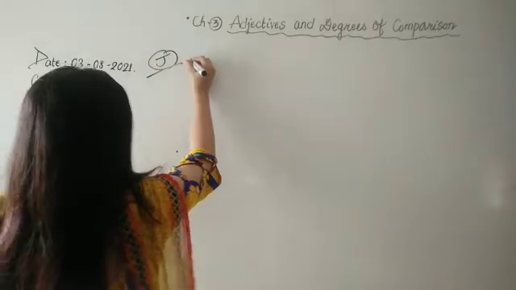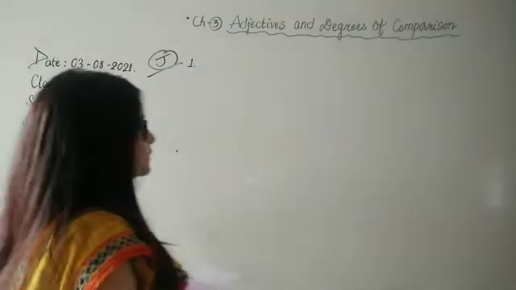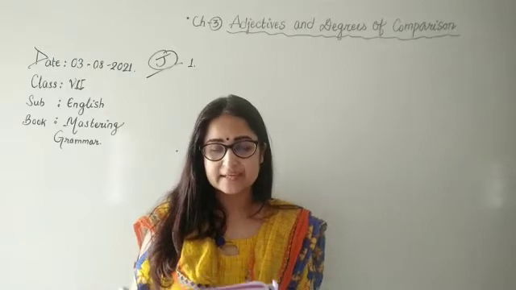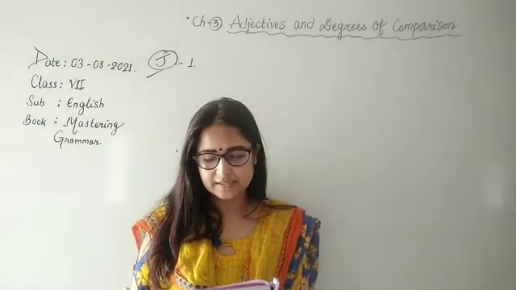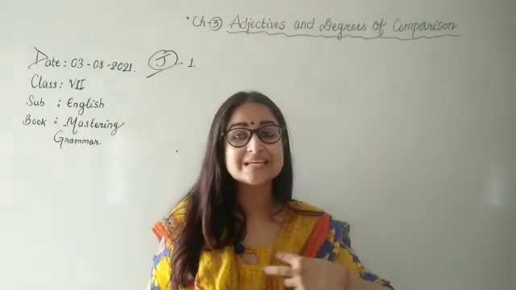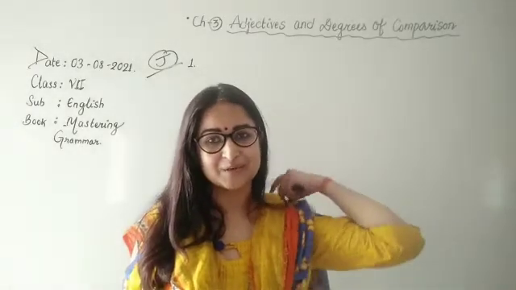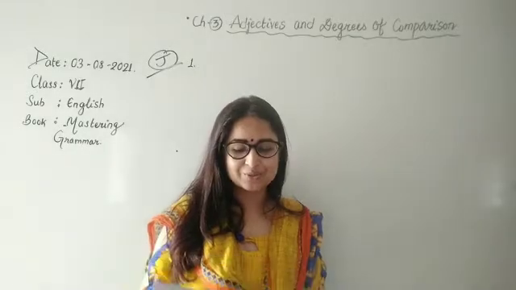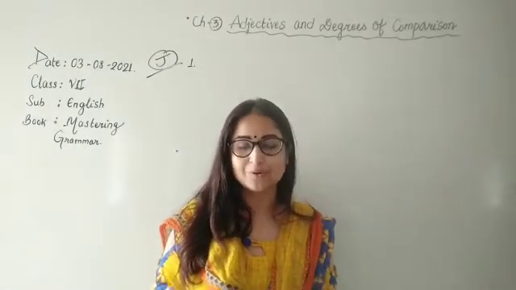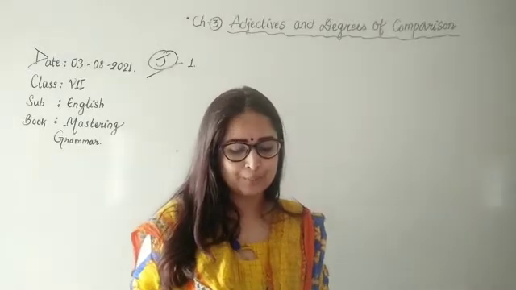Number 1. Now what we have to do first, we will see. Fill in the blanks with little, a little, the little, few, a few, or the few. Let me see how much you understood what I taught you. So this exercise will help us revise or recall what we have learned just now.